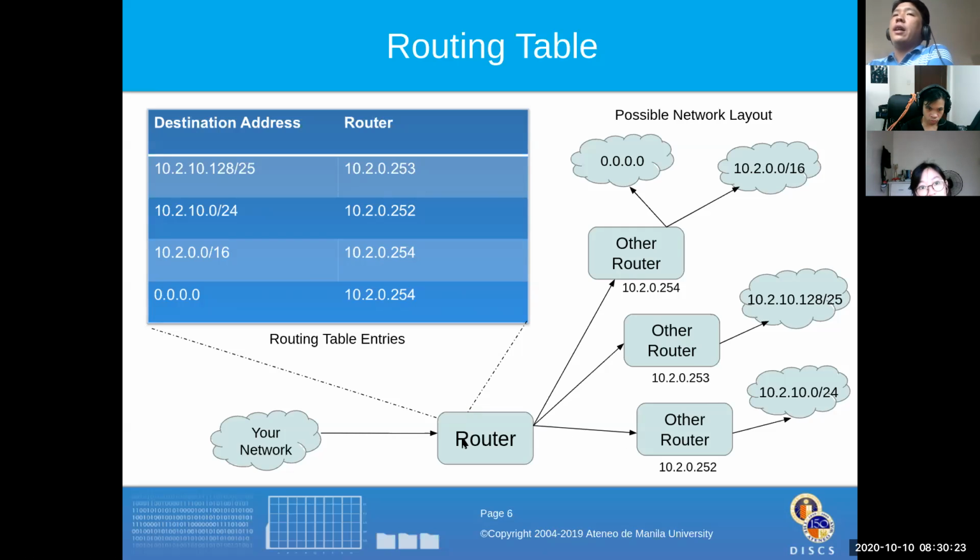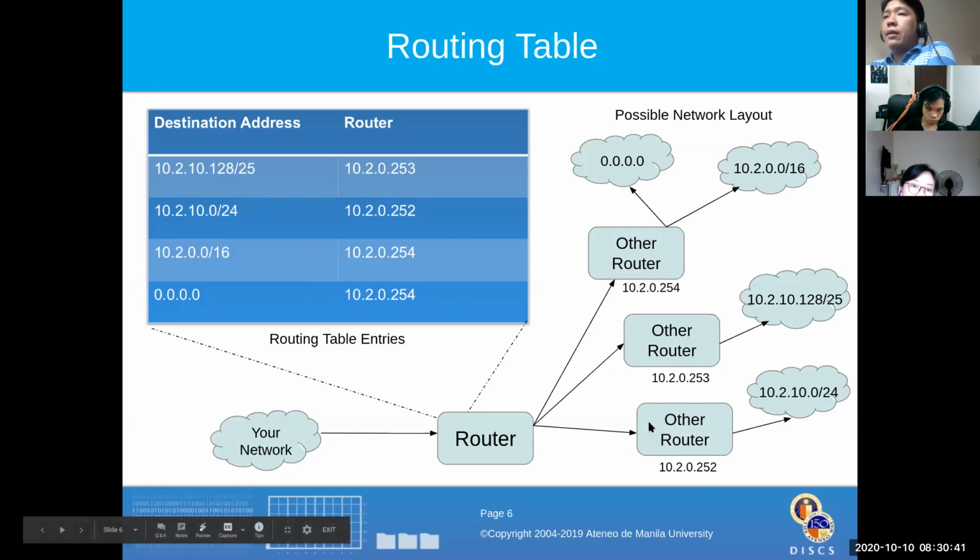In this particular case, I have a routing table that says, if the packet goes to 10.2.10.128/25, where's that? Okay, this one. So I send it to this router, 10.2.0.25. The reason why I know that this is one network is because all of these IP addresses are in the same subnet, so these four things are actually in one network.